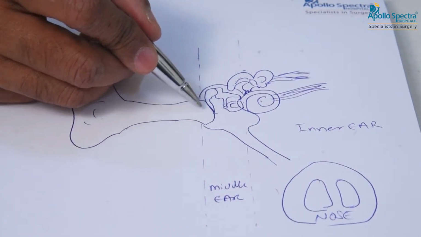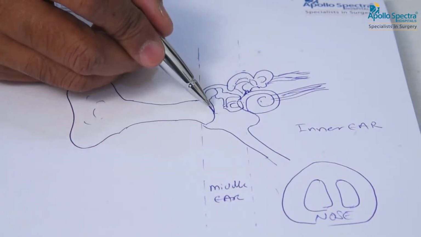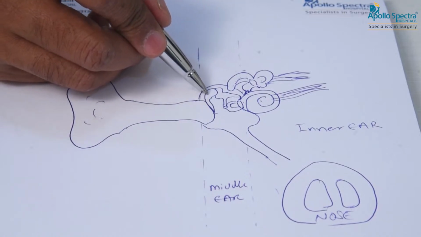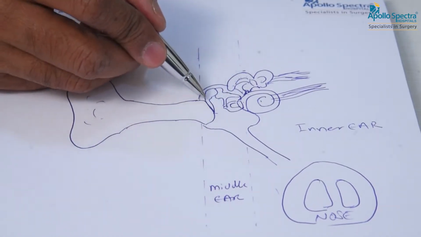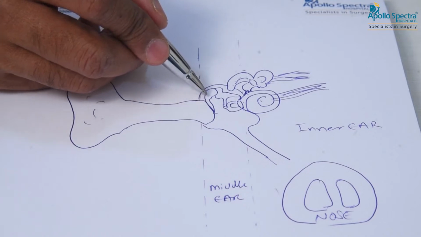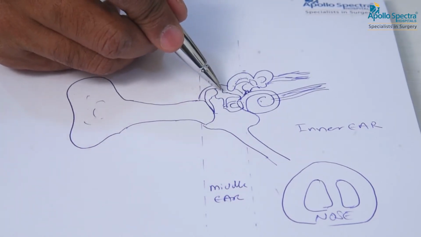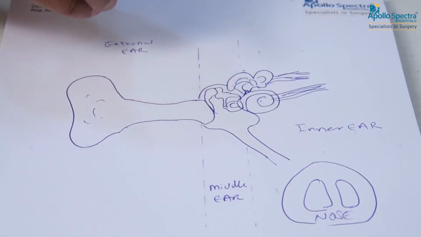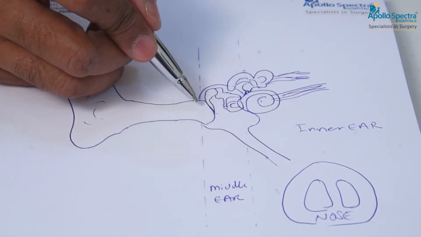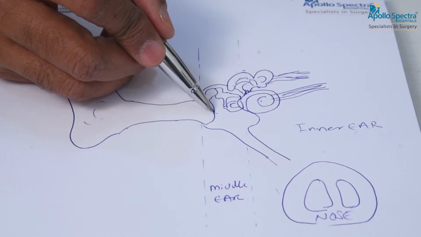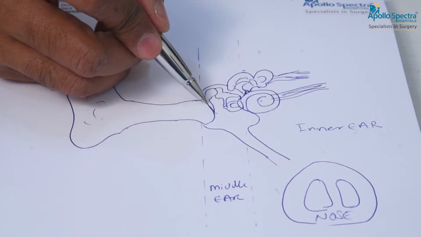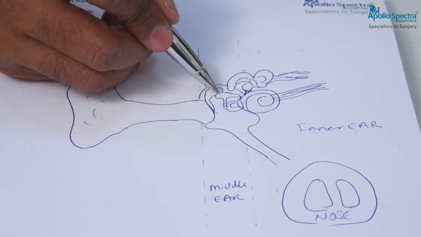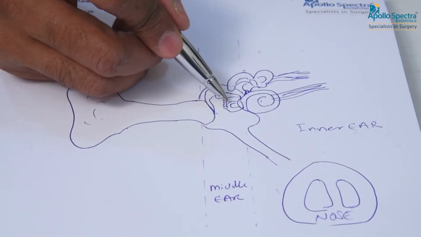And the sound energy is collected and will be transmitted via this chain of bone. The first bone is called malleus, second bone is called incus, and the third bone is called stapes. Once the tympanic membrane vibrates, the malleus will vibrate, then the incus will vibrate, and then the stapes will vibrate.